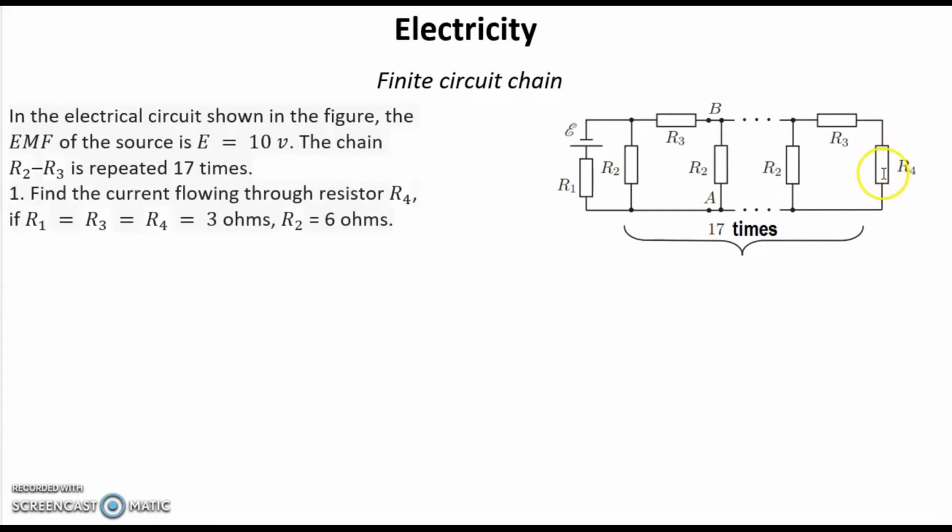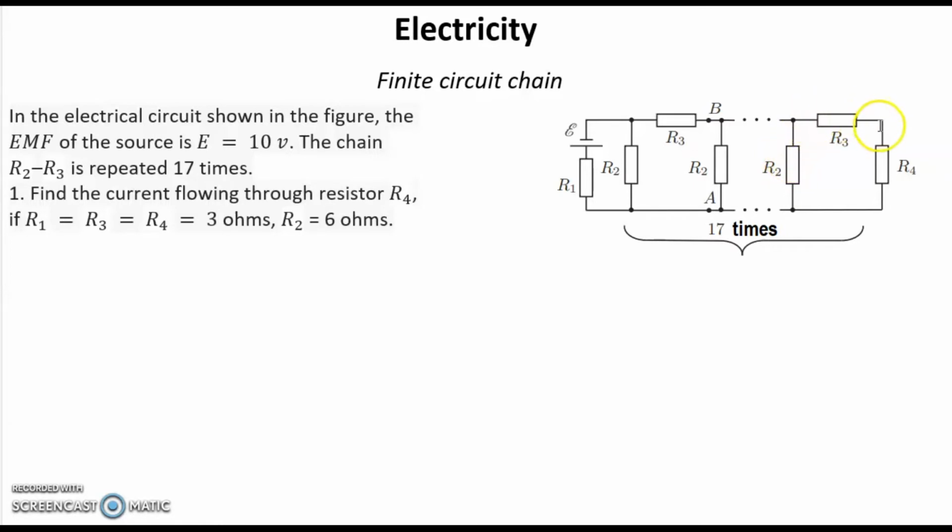Suppose that through the last resistor goes an unknown current I. R4 equals 3 ohms and R3 equals 3 ohms. Together they equal 6 ohms. And in parallel we have resistor R2 with the same 6 ohms.